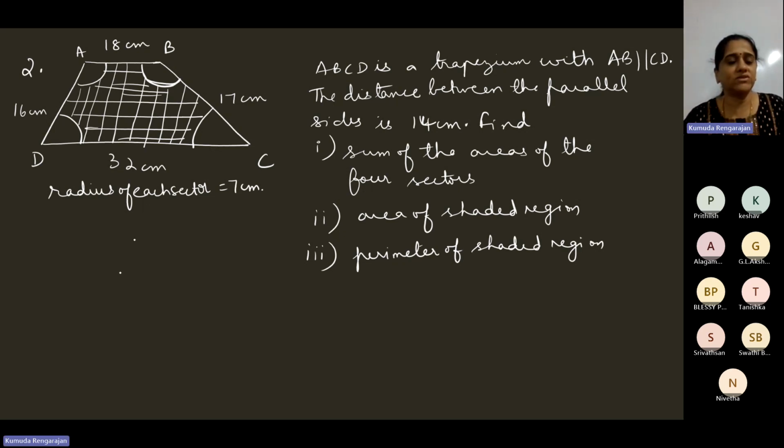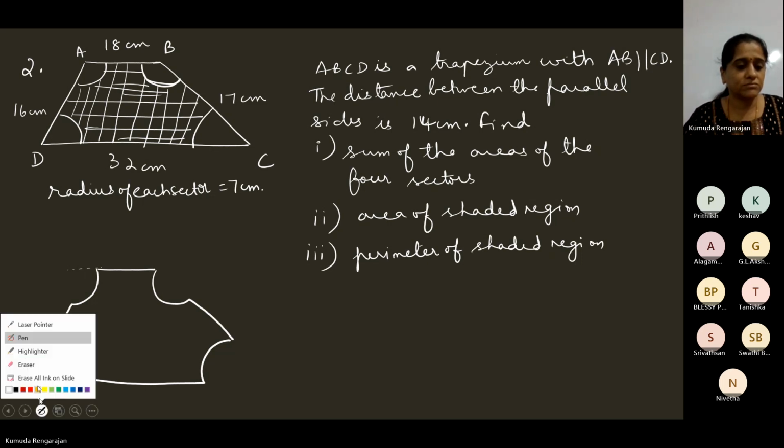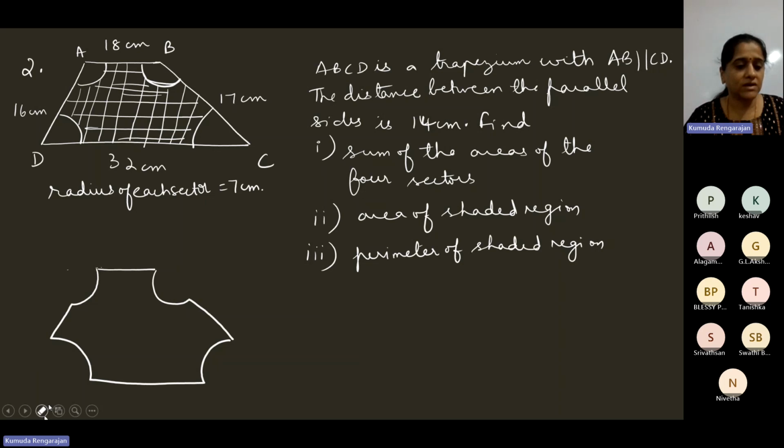And then the perimeter of the shaded region. How do you find the perimeter of the shaded region? See here, this is the shaded region. So here you have the sector. I'll just show you what I've done.